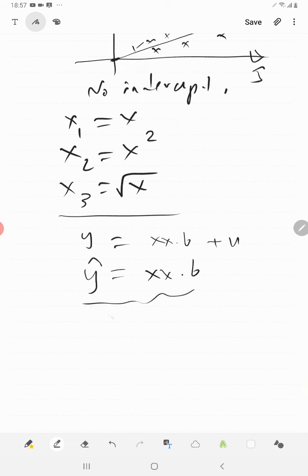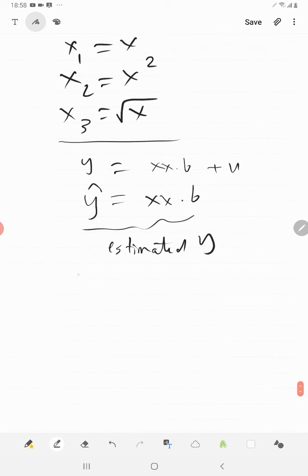So this is the estimated y. Now u is equal to the original y, or the measured vector y, minus y hat, or minus the estimate. So that's the error. This is y hat, the estimate. This is the error, u hat, the estimated error.